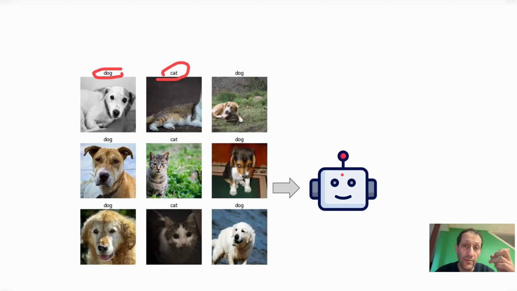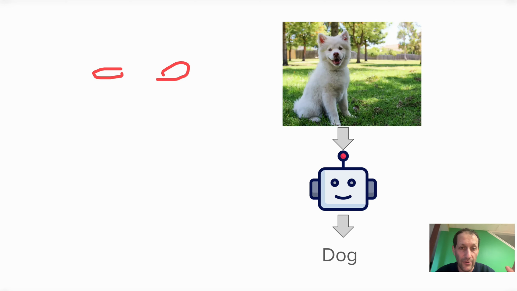This could be thousands of images. Let this machine learning algorithm learn what about these images make them dog or cat. In other words, map the input to the output, so that once it's done, it's learned those patterns. Now you can give it an image of a dog, and it will hopefully make a correct prediction.